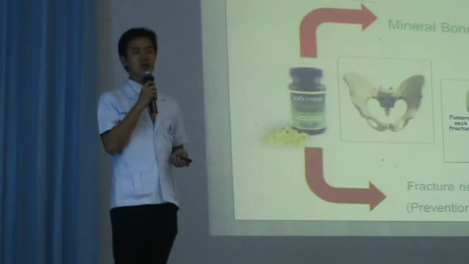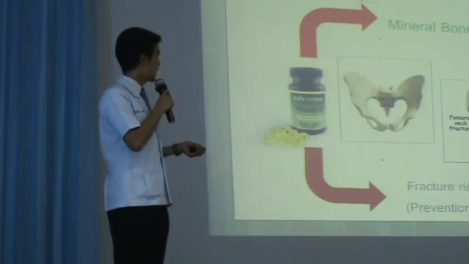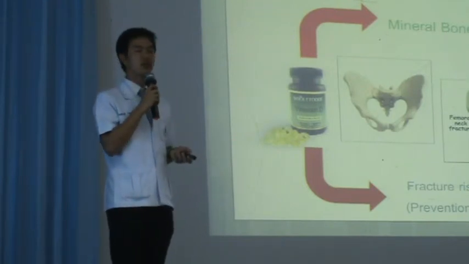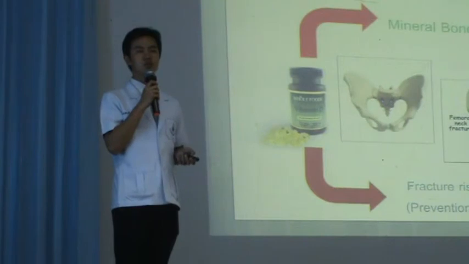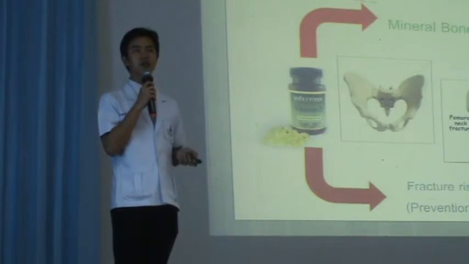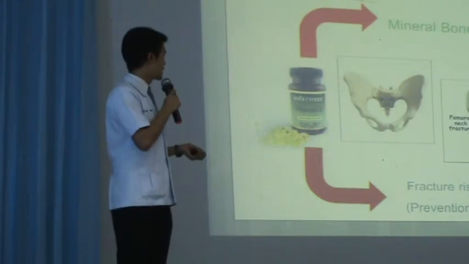Metabolic bone disease is thought to lead to bone fracture, in which people find hip fracture and non-vertebral fracture. This research used vitamin D to see the increase of bone mineral density and reduction of the risk of fracture.